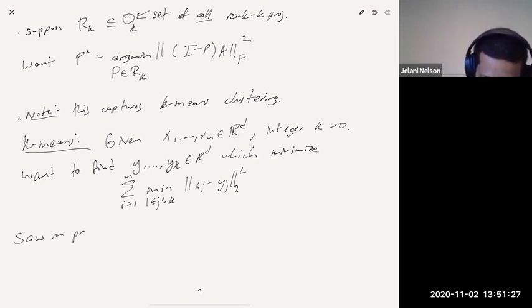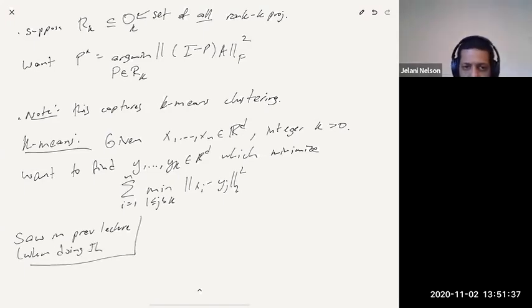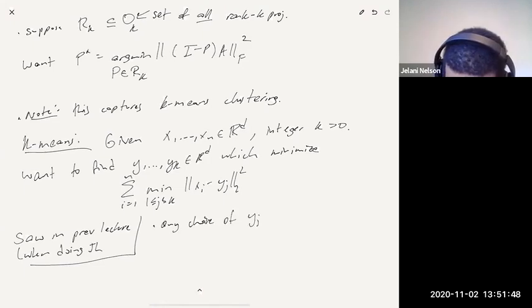We saw in a previous lecture, in particular when we first talked about JL in class, that any choice of the yj's induces what I'll call a Voronoi partition, which I'll call P1 up to Pk, on the set of points.